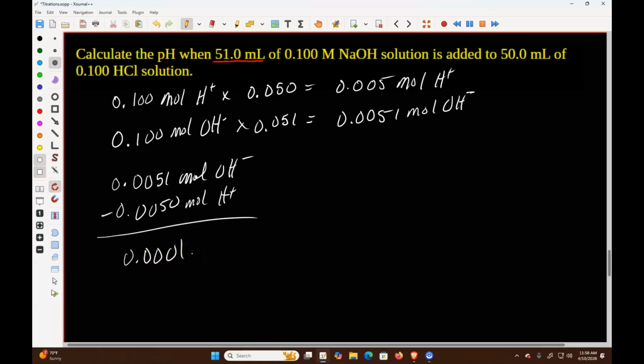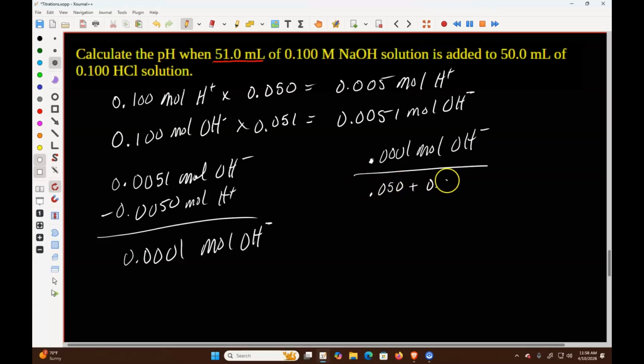So I get 0.0001 moles of OH negative. We'll divide it by the total volume to give me 9.9 times 10 to the negative fourth molar OH negative.